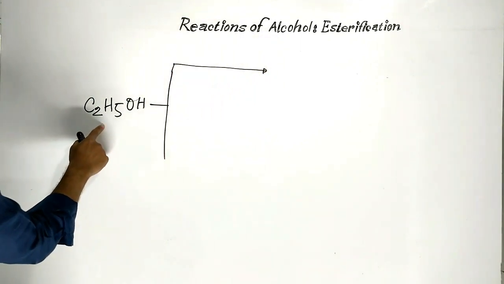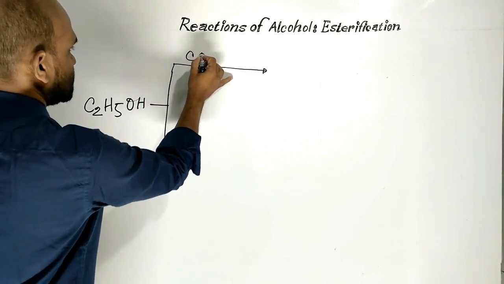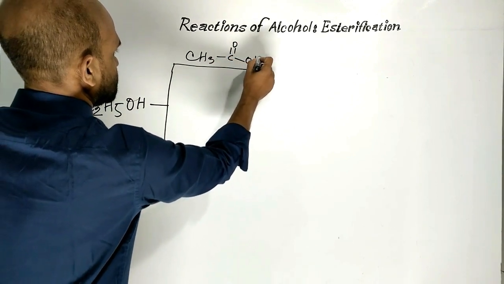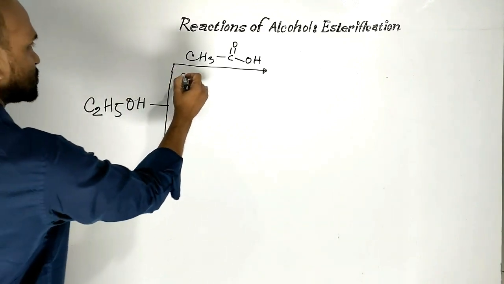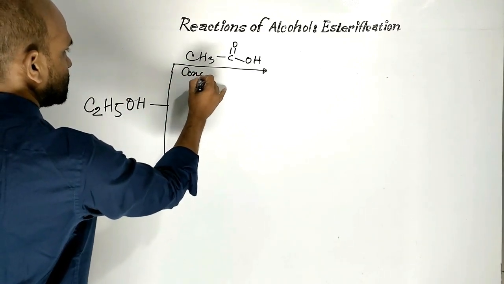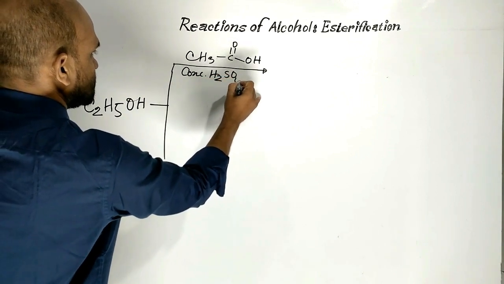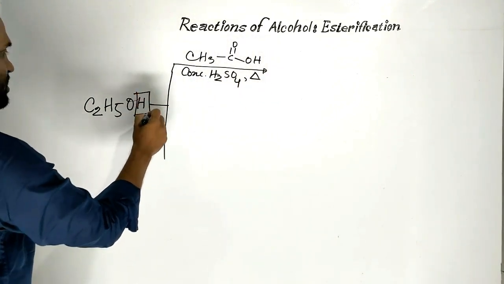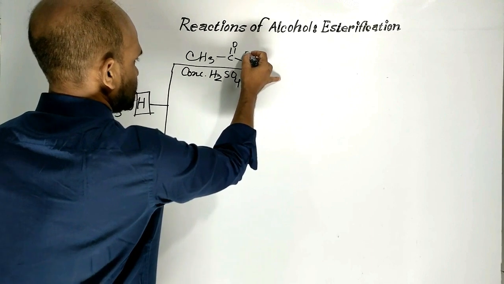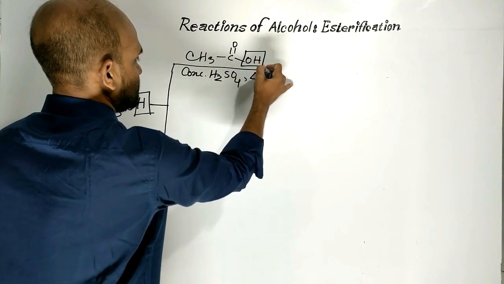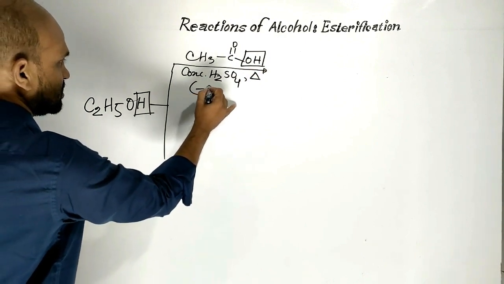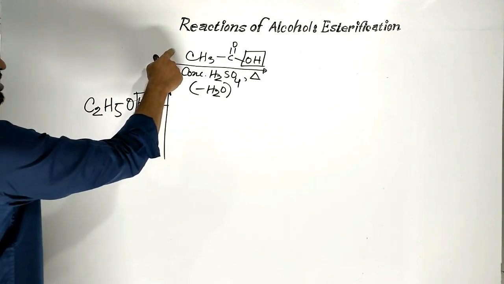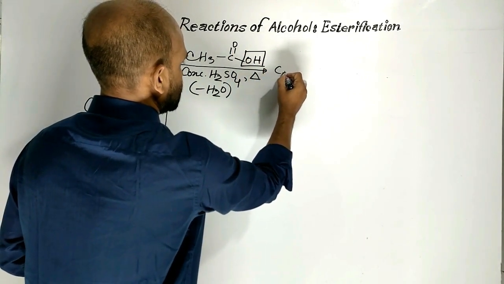When ethanol is treated with acetic acid, and the reaction is conducted in presence of concentrated sulfuric acid, and the reaction is heated, then hydrogen of alcohol and hydroxyl group of acid forms water that gets free from the reactants, and ester is formed.